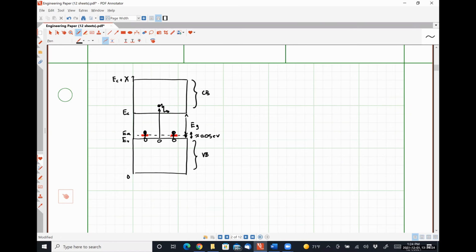This distance of approximately 0.05 electron volts is dependent on the dopant material, all right? So for instance, boron has an ionization energy of 0.045 electron volts, whereas gallium has an ionization energy of 0.07 electron volts, right? So it's not exactly at 0.05, but it's still going to be very, very close to the edge of the valence band.